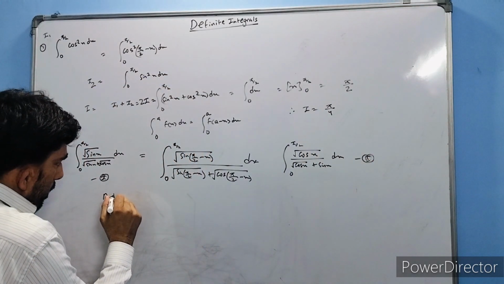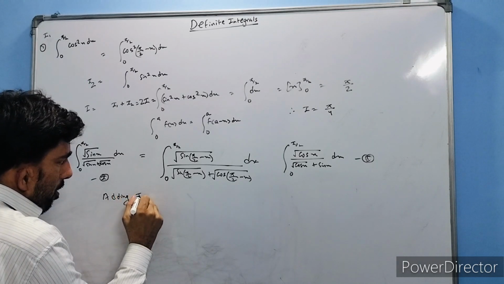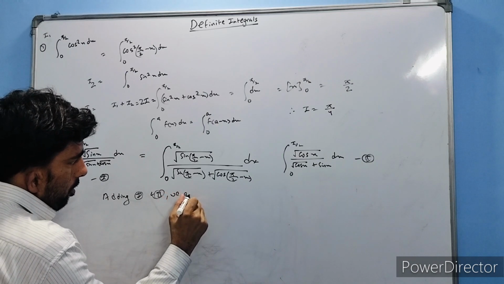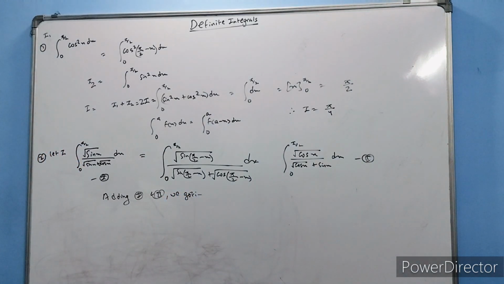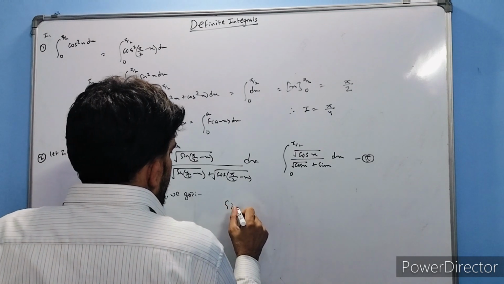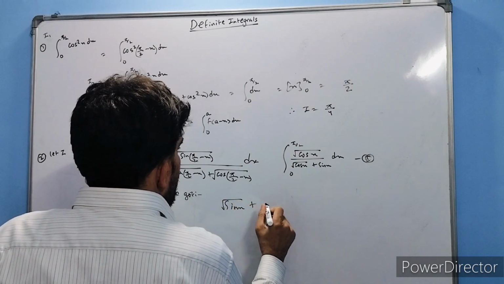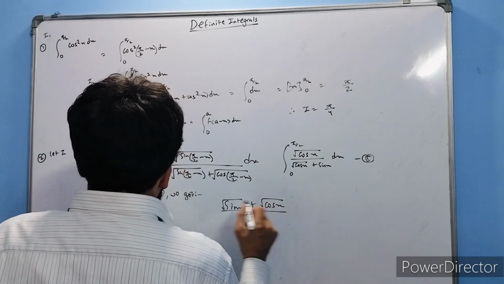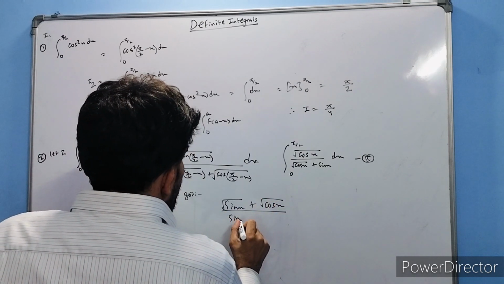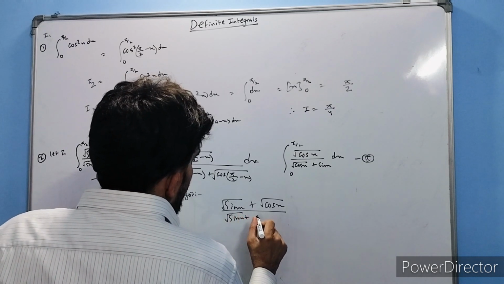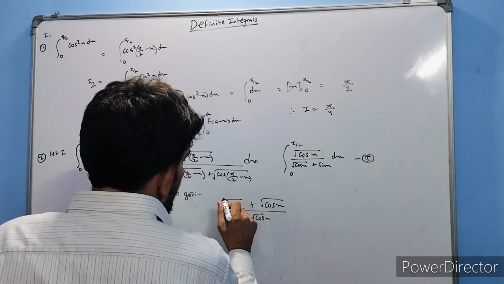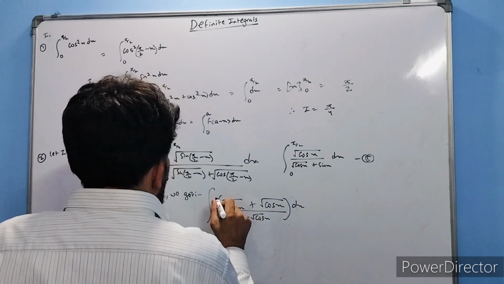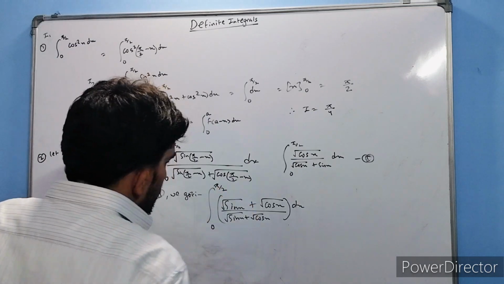Now adding first and second, we got sin x plus cos x upon sin x plus cos x, under root, dx, from 0 to pi by 2.